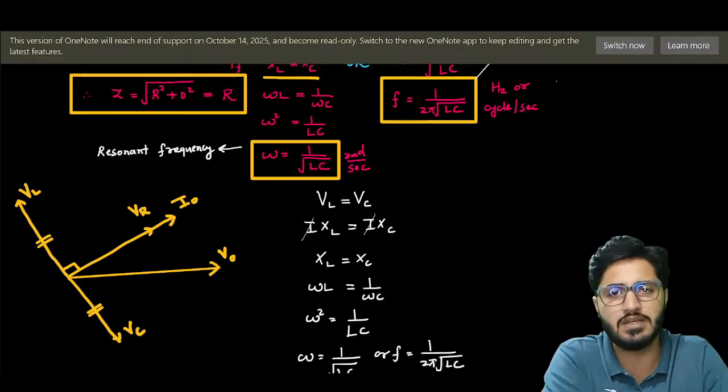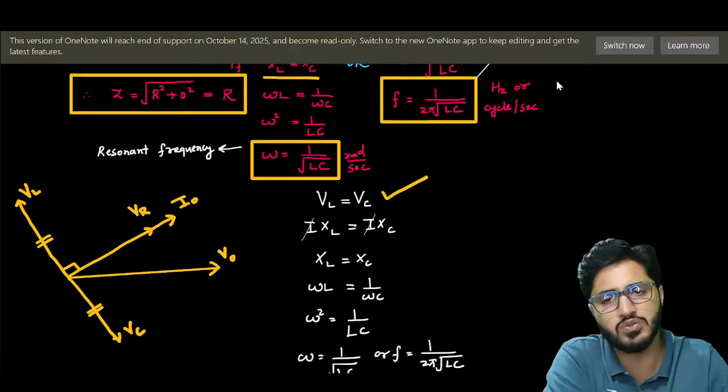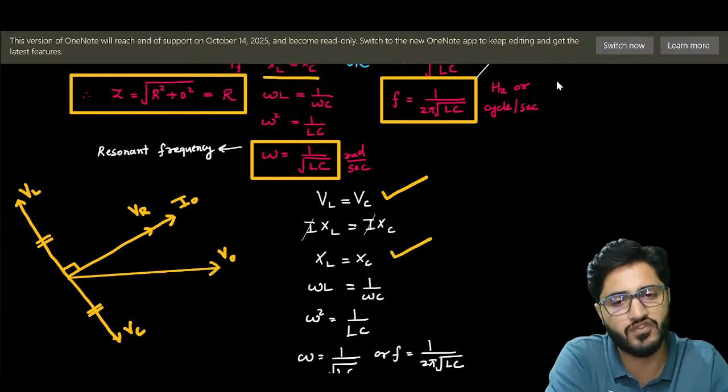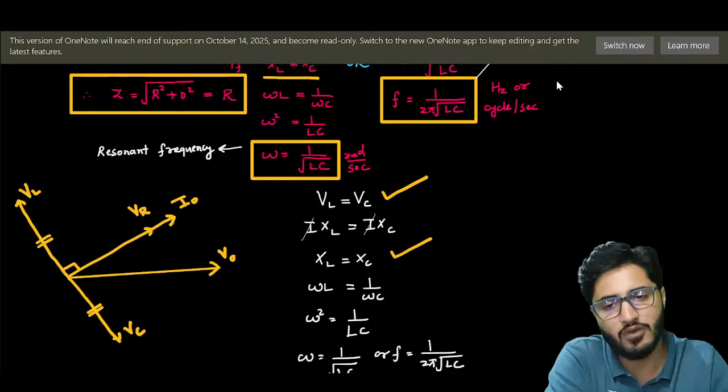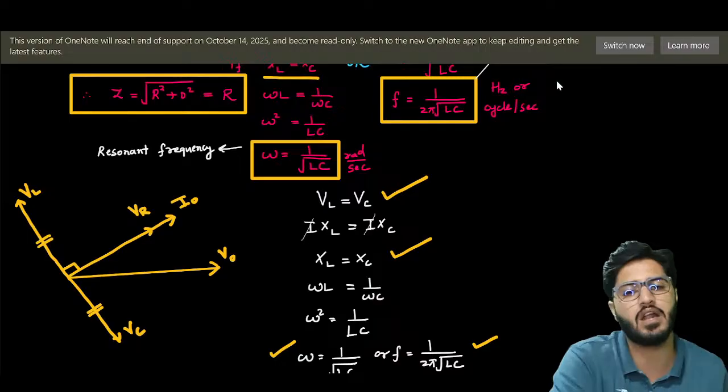So under resonant conditions, the potential across L is the same as the potential across C, the reactance of L equals the reactance of C, omega equals 1 divided by root LC, and f equals 1 divided by 2 pi root LC.